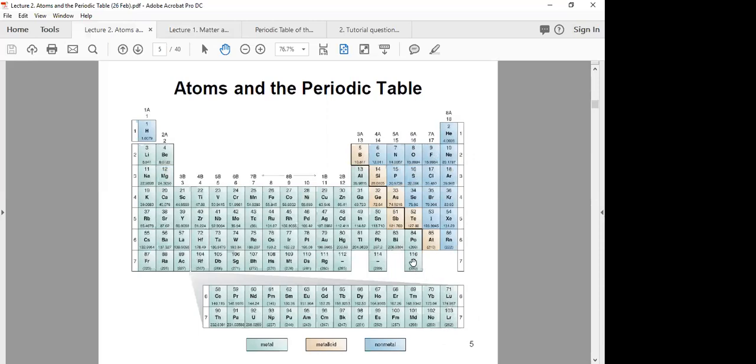My mistake, we're up to here, but you can see some gaps there. Yep, we're up to 118 now. These gaps have been filled, but the new ones that have been entered into the periodic table of the elements have been synthesized in the lab. They're man-made elements.